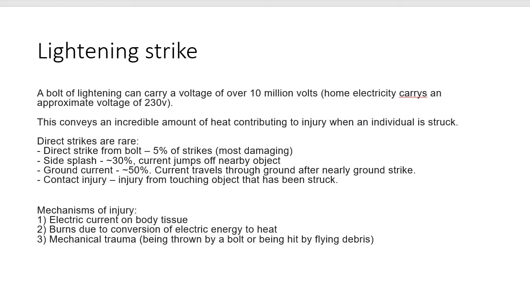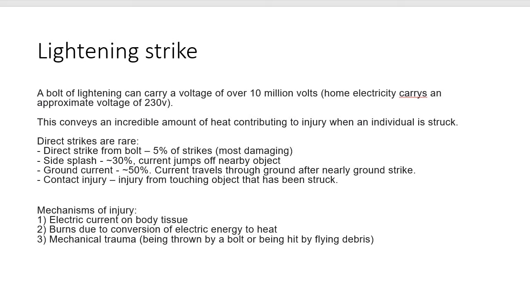And then in terms of how it actually causes injury to the body, it's predominantly through the electrical current going through the body tissue. And then, as well as that, it's partly due to conversion of that electrical energy into thermal energy, and these are the 2 mechanisms by which damage is caused.